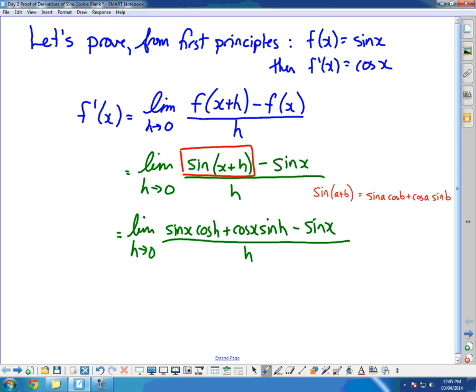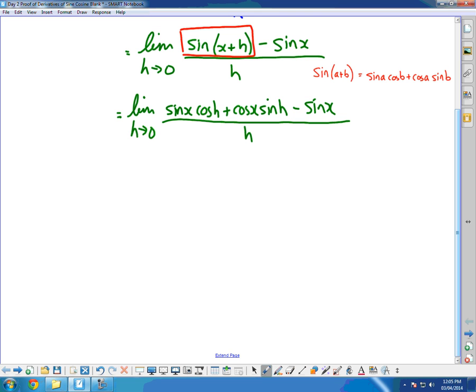Okay, so that one, maybe if you thought about it and said, hey, I remember something like this before, you can go from here, or go from there. From here, though, I don't expect you to know what to do next. This is just a trick that I learned when I learned this proof. We have this really big fraction here, all over h. I'm going to break it up into smaller parts. So it'll be the limit as h approaches 0.